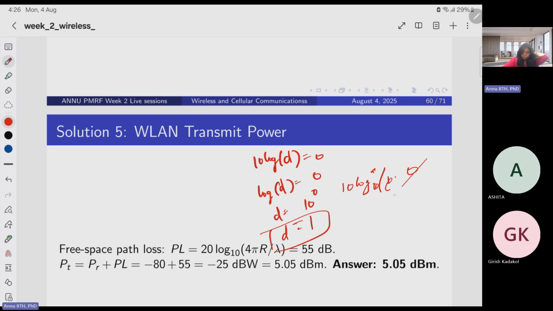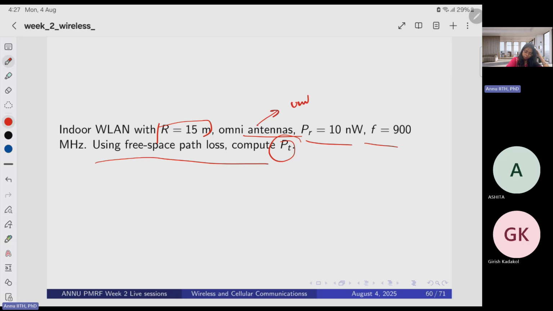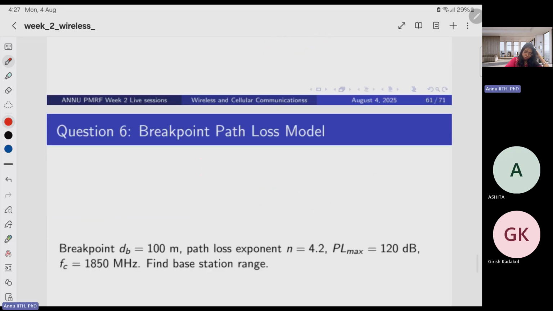If the unit value is there, then log 1 is equal to 0. So for omnidirectional unit gain, it is the same by default.